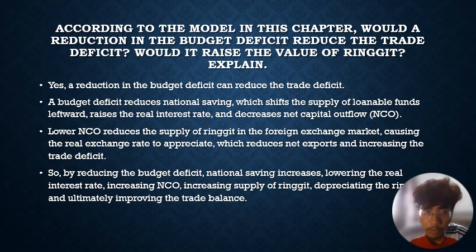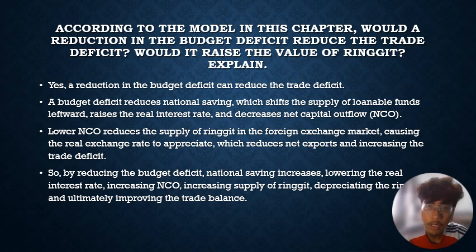However, lower net capital outflows reduce the supply of ringgit in the foreign exchange market, causing the real exchange rate to appreciate, which reduces net exports and increases the trade deficit. So by reducing the budget deficit, national saving increases, lowering the interest rates, increasing the NCO, increasing the supply of Malaysian ringgit, and depreciating the ringgit, and ultimately improving the trade balance.